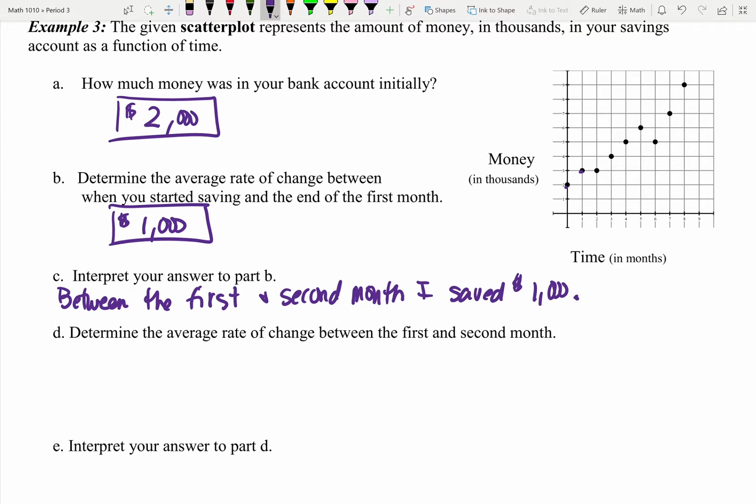Wouldn't it be the first deposit to the first month? Okay, so she's kind of correcting me, and that's so good. You know what I could say in my sentence to make it better? Between the end of the first month and the beginning of the second month, that's when I saved it. Does that make sense? So she's saying it's confusing what you're saying.